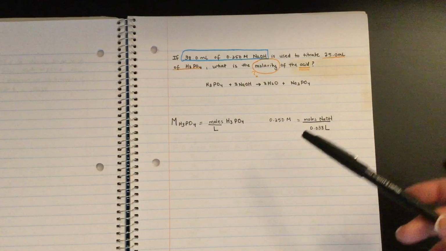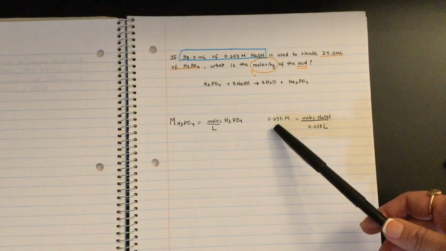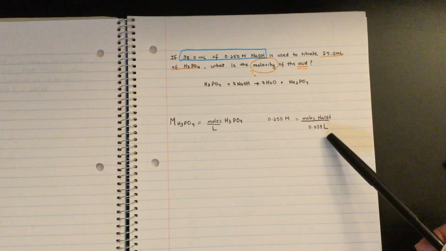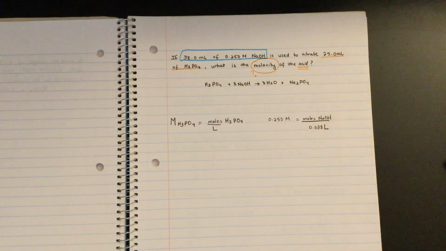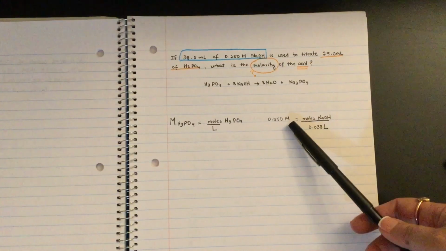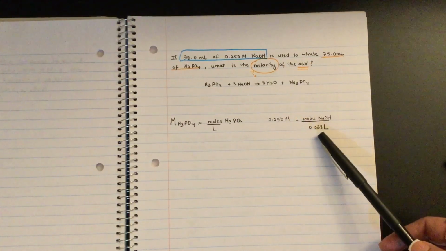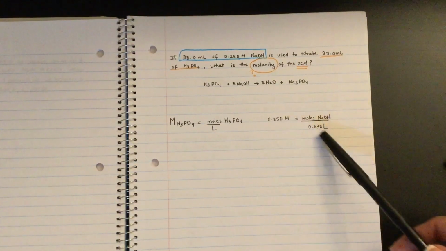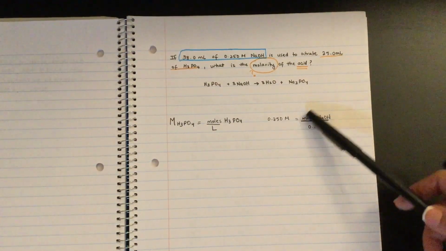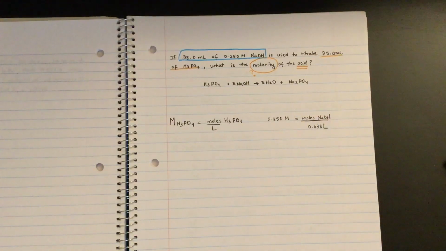So if you have volume and concentration, and look, I'm writing here my volume in liters, because molarity is moles per liter, so you need moles and liters right here. So if you have a concentration and a volume in liters, you can find out the moles of NaOH.